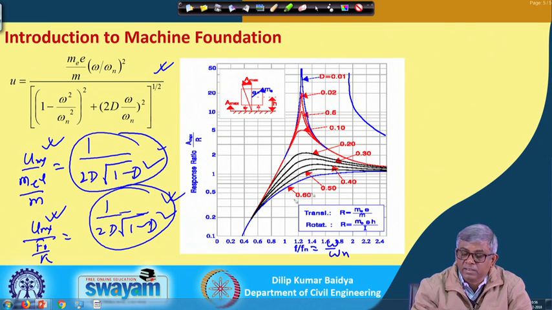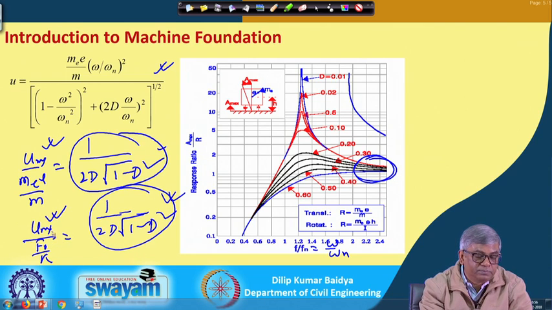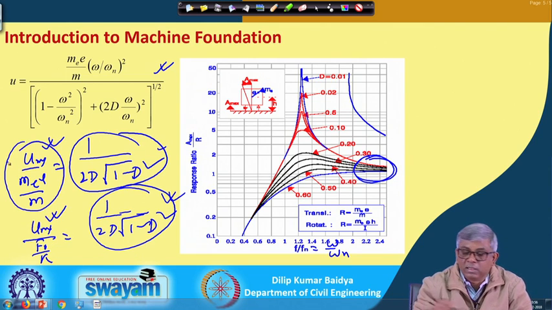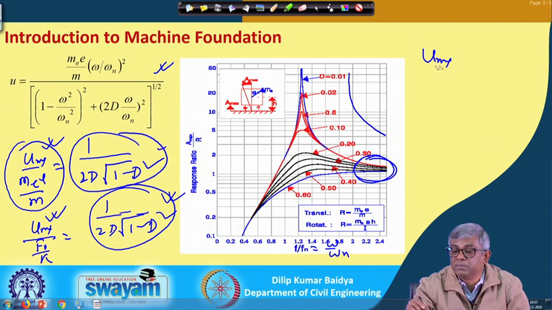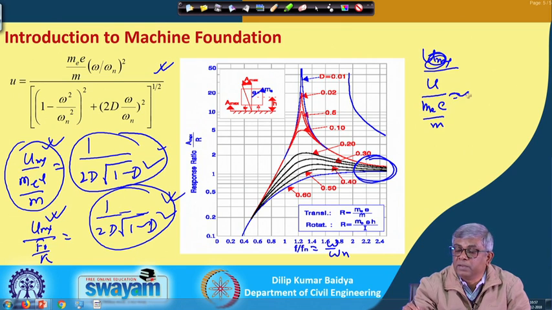You can see at a very large frequency ratio, suppose 2 or 3 or even more, the magnification factor, this u over ME into E over M, is approaching a constant value equal to 1.